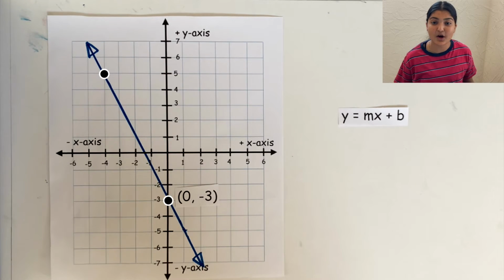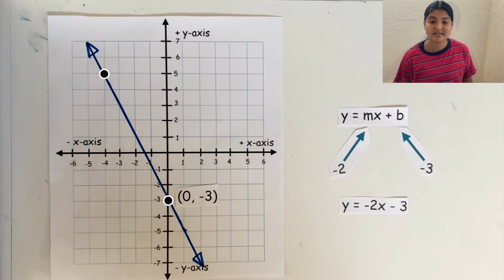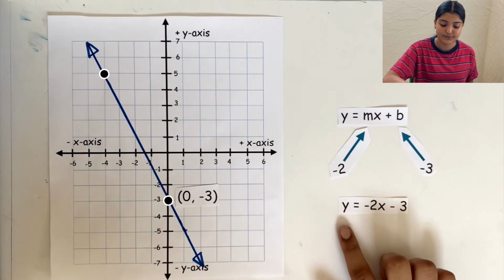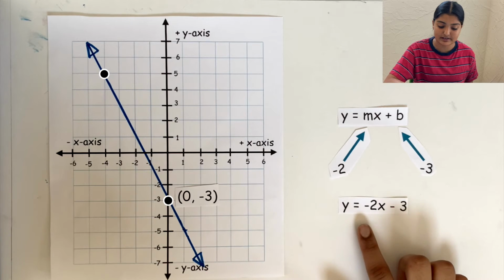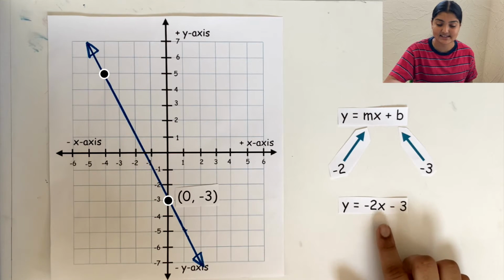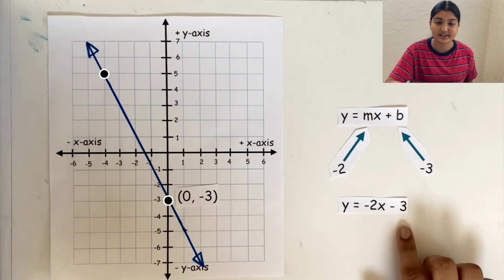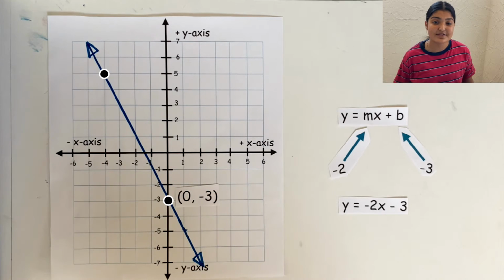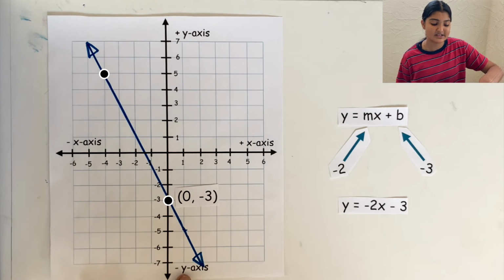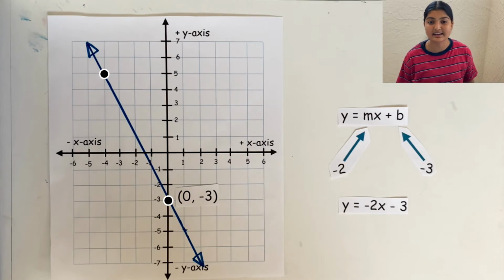Now, let's put it all together. This gives us an equation. Y is equal to negative 2x minus 3, which is one of the many ways to describe this line. Now let's look at another example.